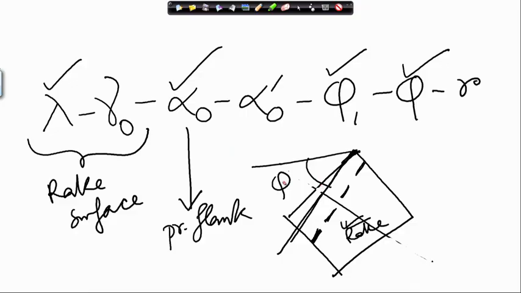Phi is used up to define the principal cutting edge, and after that I define the inclination of the principal flank by alpha O, and therefore, I define the principal flank as well. So, principal flank is defined, rake surface is defined, principal cutting edge is defined.